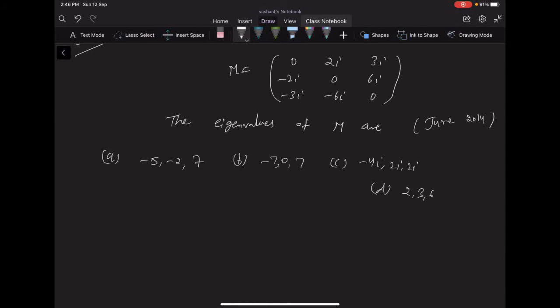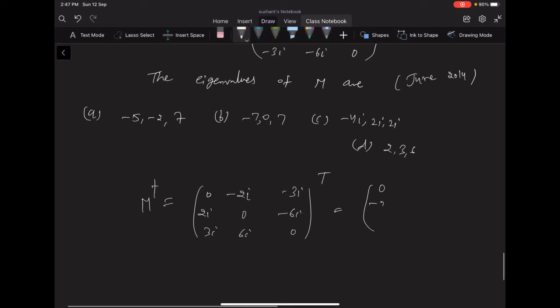Now this matrix looks special when we calculate the dagger of this matrix. To calculate the dagger, first we complex conjugate all the elements. So 0 is just 0, 2i becomes minus 2i, 3i becomes minus 3i, minus 2i becomes 2i, and so on: 0, minus 6i, 3i, 6i, 0. And we transpose this.